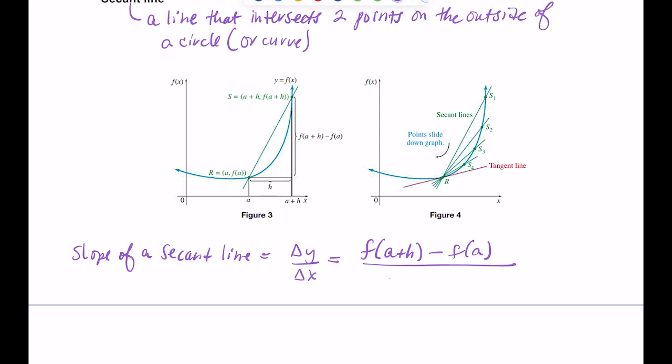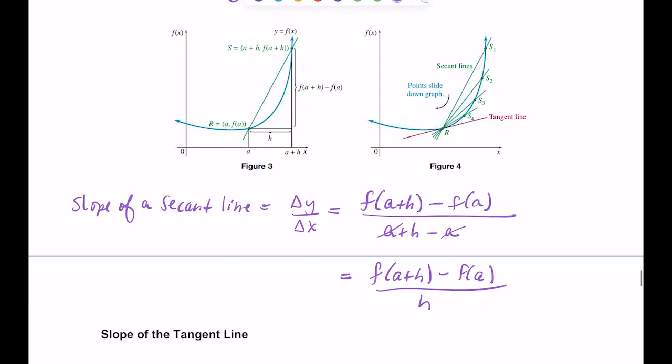So a plus h minus a. And as you can see, you're left with this, right? The a's cancel, which looks like the limit as h approaches 0 of f of a plus h minus f of a over h. So the slope of the secant line is the instantaneous rate of change.